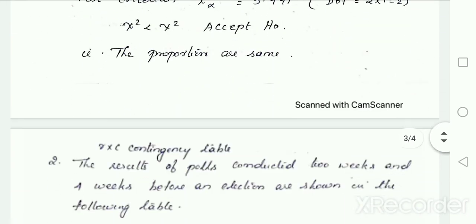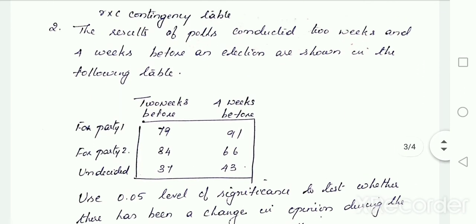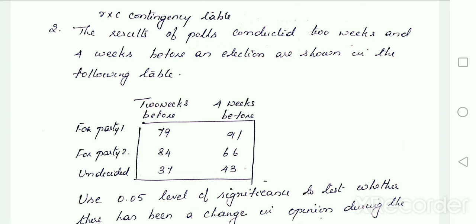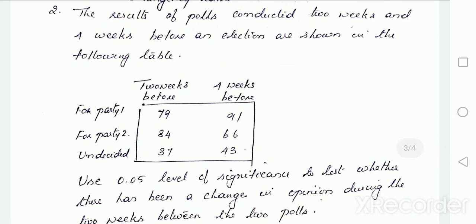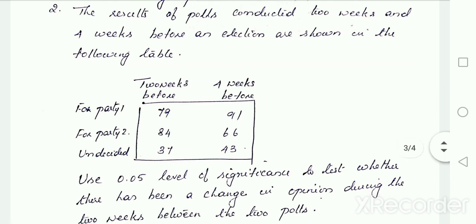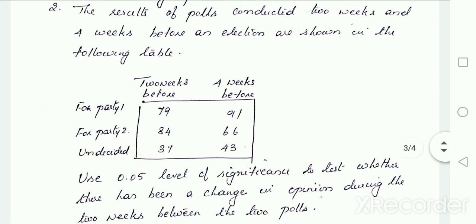Okay, and one more example, it's under politics. The results of polls are given with a gap of 2 weeks: results from 2 weeks before and from 4 weeks before.